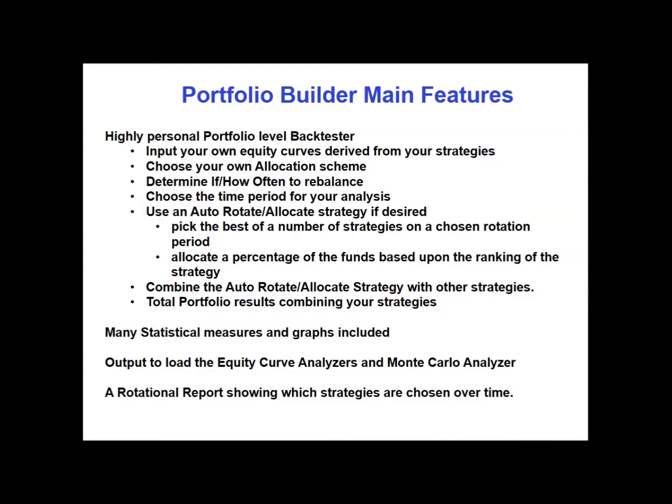And then I've added an auto-rotate allocate strategy. And what this one will do is, if you have enabled a number of strategies, it will pick the best of them on a chosen rotation period and tell you what percentage of the funds should be allocated based on the rank.